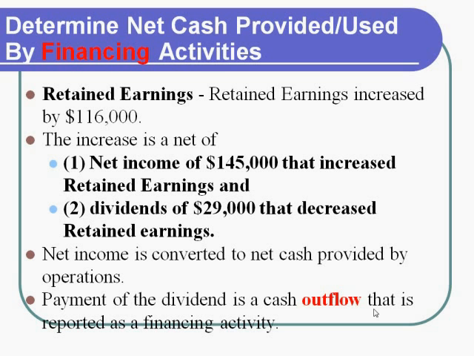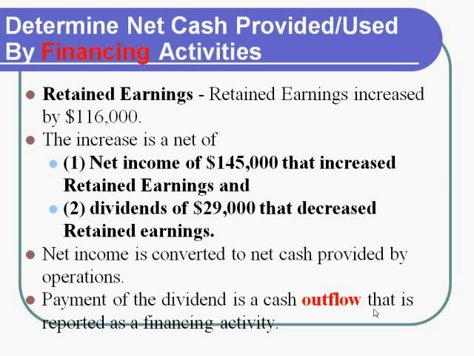Now we know that retained earnings increased by 116,000. However, let's balance that out. Let's make a little T account. We've got retained earnings beginning balance, and that is 48,000. We'll show that on the credit side. Leave some space, and then say retained earnings ending balance 164,000.